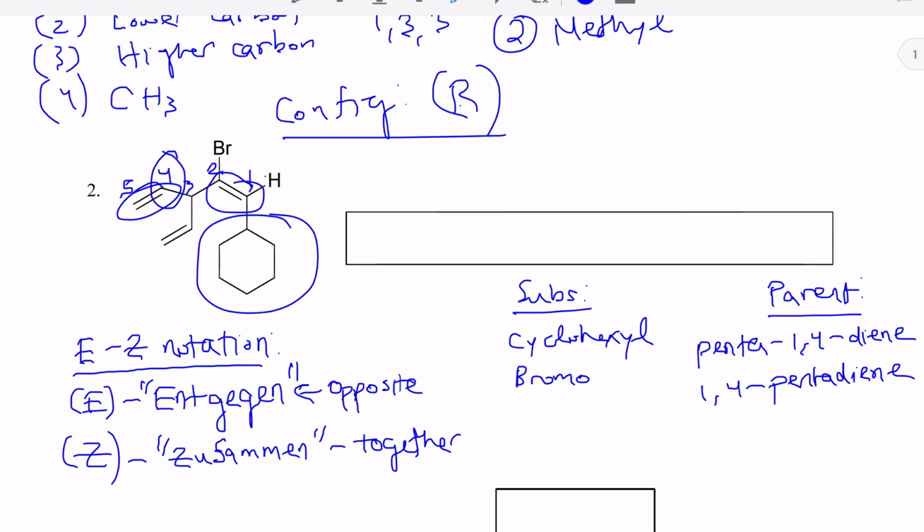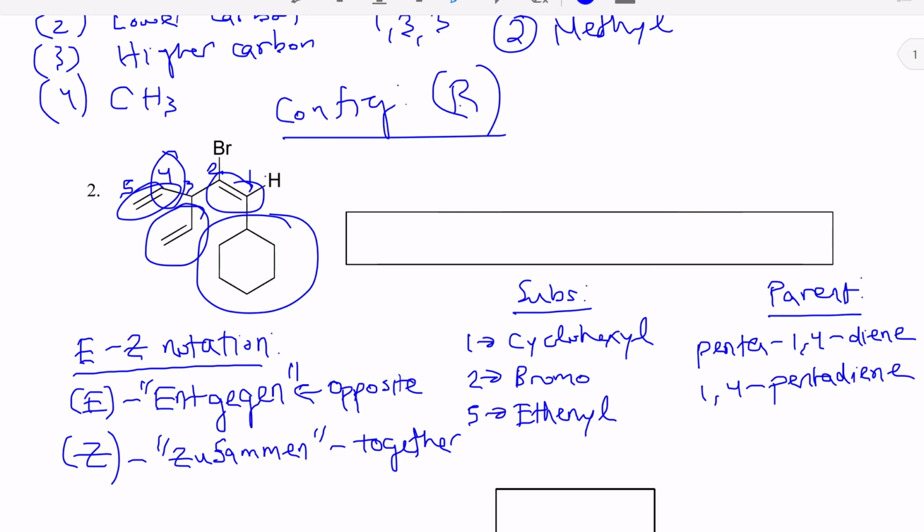The next one is this ethynyl group. If it was just a saturated group, it would be an ethyl group. The reason we say it's ethynyl is because there's a double bond there, just as a note. So let's also mention the numberings for each of these: 1, 2, and 5.